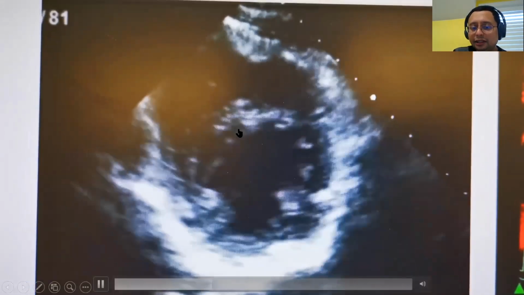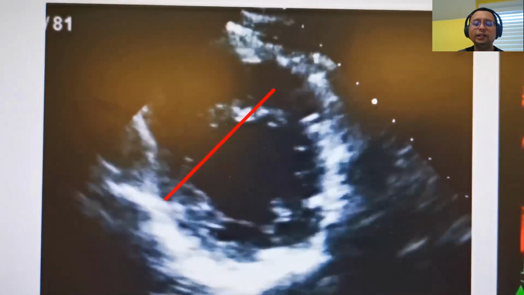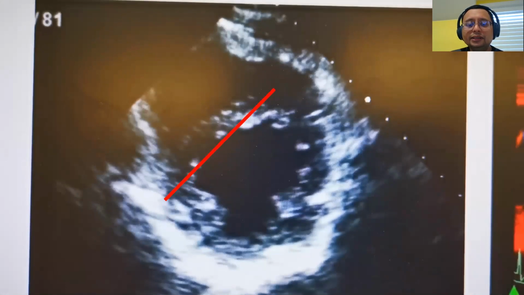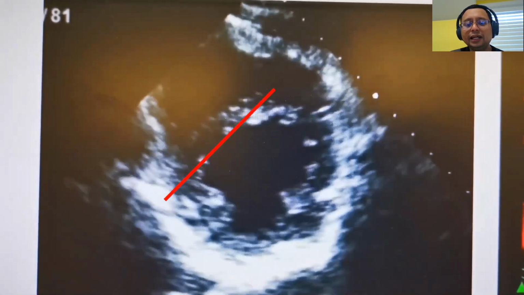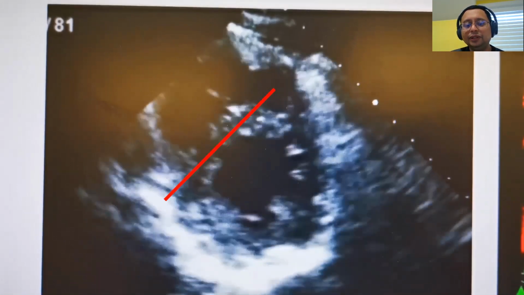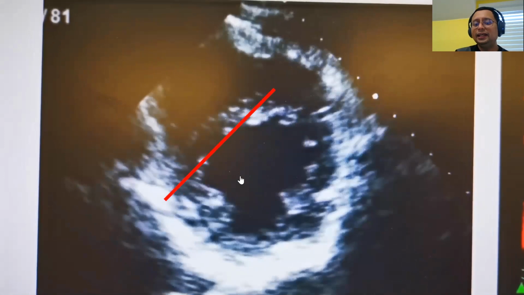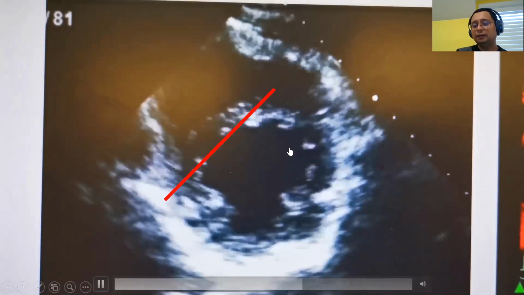Now you look at this interventricular septum, okay? I put a line on the interventricular septum. You can see the septum sometimes moves to the left side on inspiration. So that's expiration, inspiration, expiration again, inspiration, expiration, okay? So you can see there is exaggerated interventricular septal motion, all right?